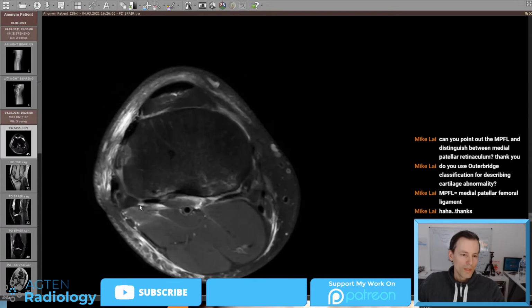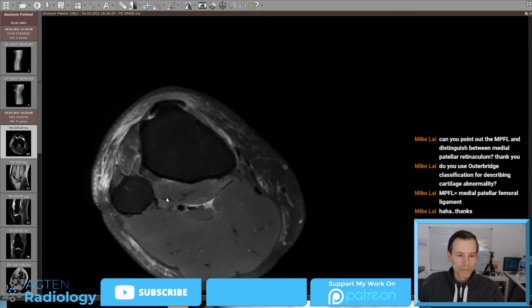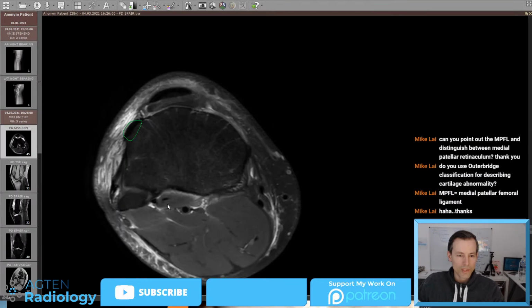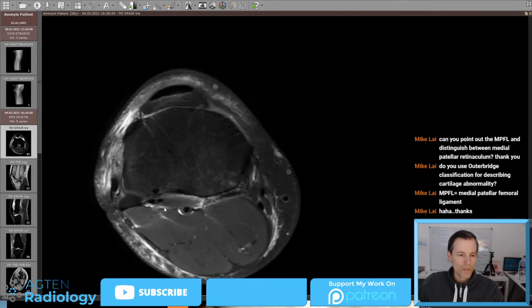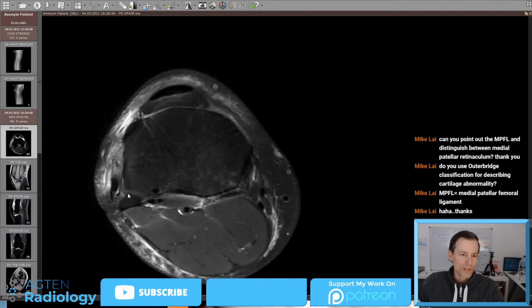Now, one thing that you can see in injured knees is edema at the myotendinous junction of the popliteus. So down here in this region you can have strains, etc. So always make sure you give this a look. Then what else? Obviously the proximal tibiofibular joint. We don't want to miss any fractures or anything, but it looks good.